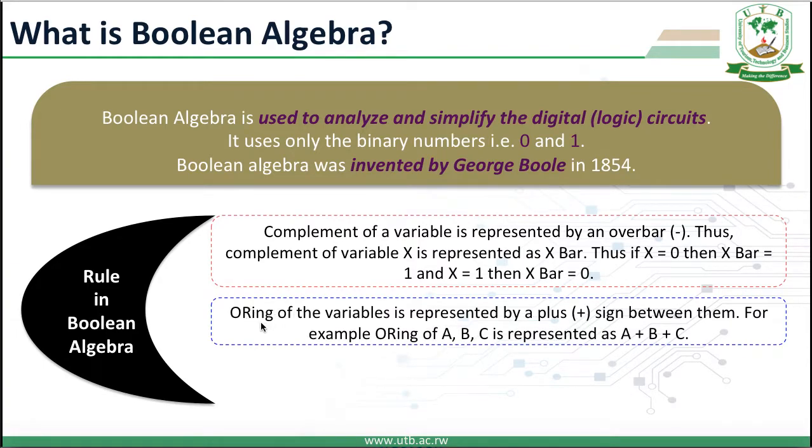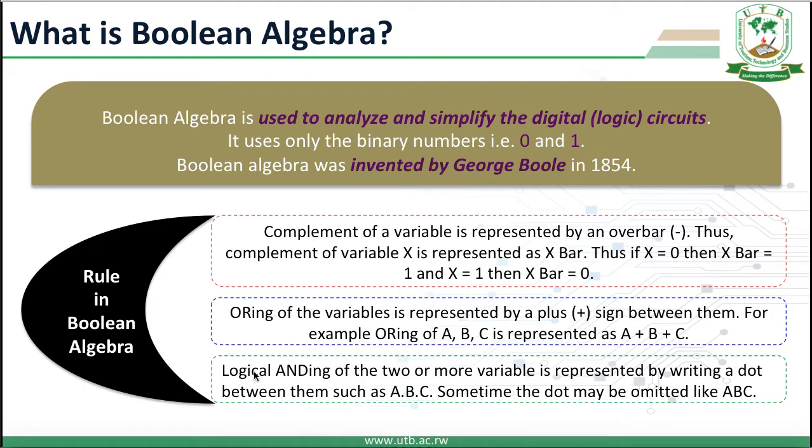ORing is nothing but the OR gate. ORing of variables means adding, like a plus b, b plus c, x plus y, and it is represented by a plus sign between them. For example, ORing of abc is represented as a plus b plus c.